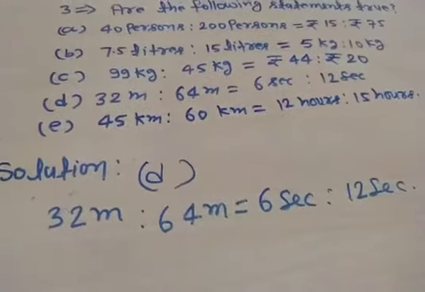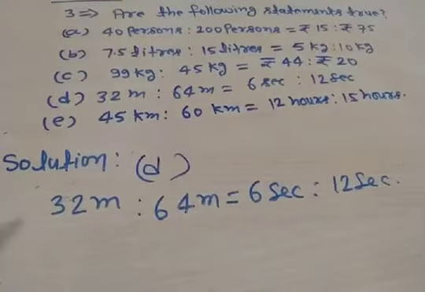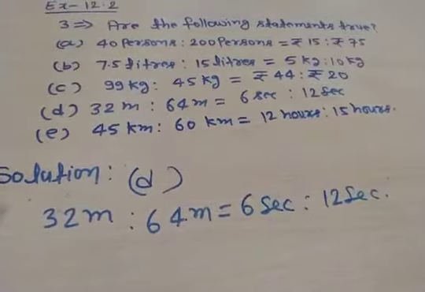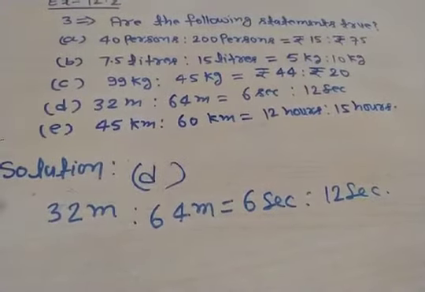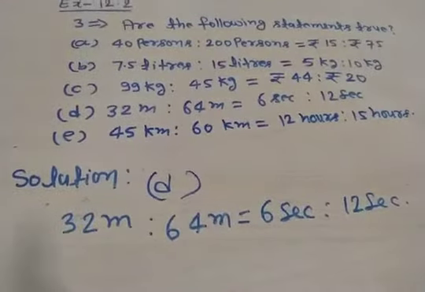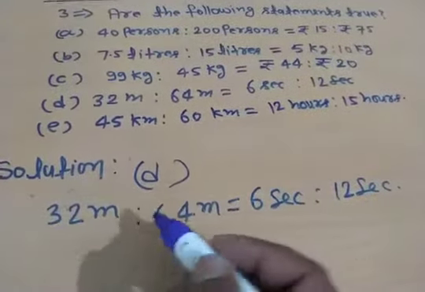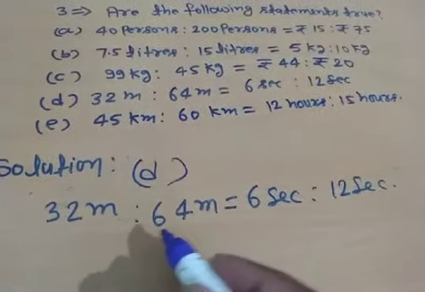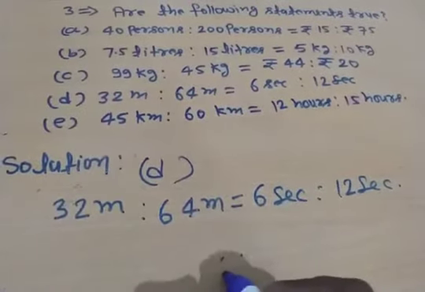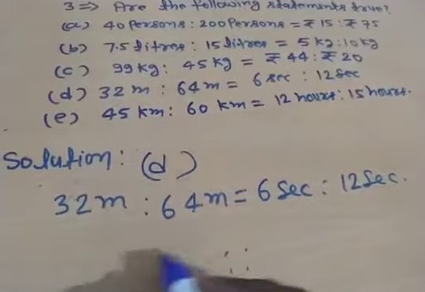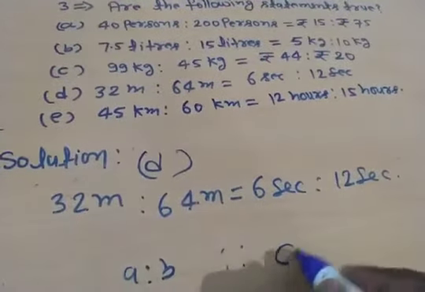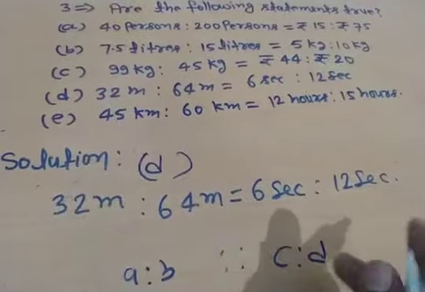Here we verify whether this statement is true or false. Let's see. This is the left hand side, this is the right hand side. This is called a proportion. If A ratio B is equal to C ratio D, it means that they form a proportion.